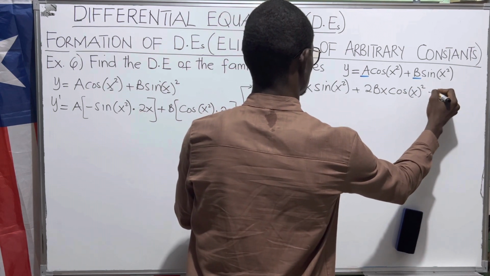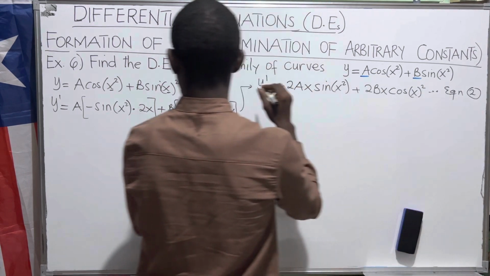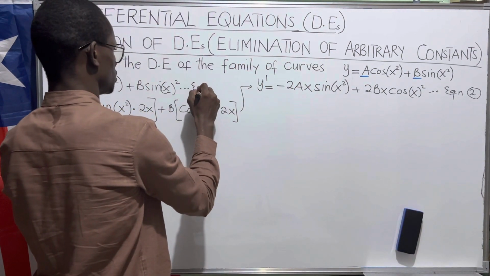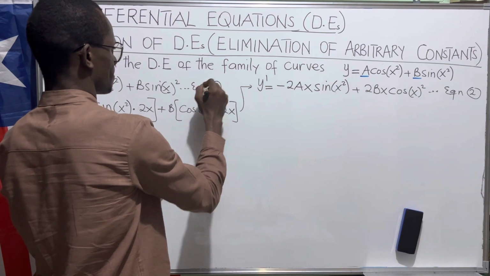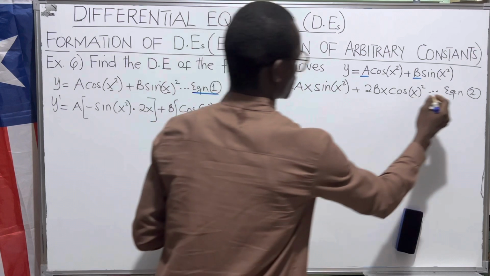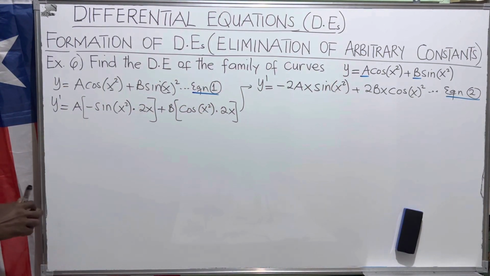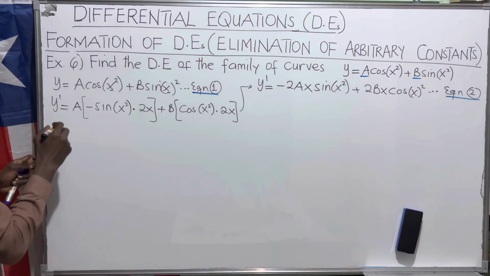We call this equation number 2, and I'll call the original equation number 1. There's equation number 1, there's equation number 2. From equation number 2, we can find our y double prime.